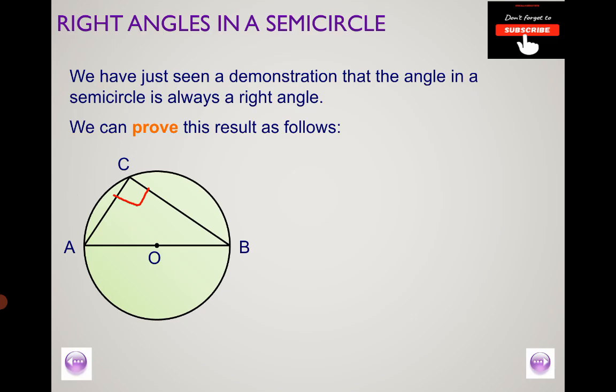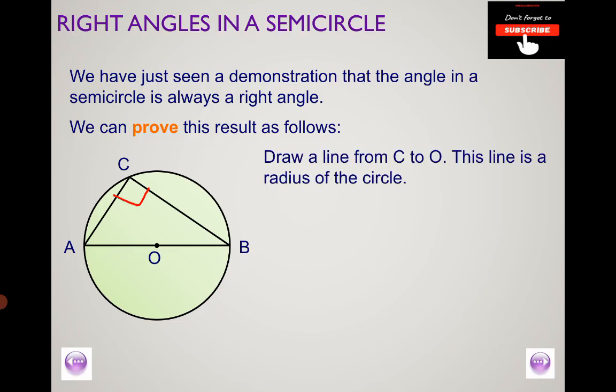We can set off a formal proof. In order to do that, just draw a line from point C to O.